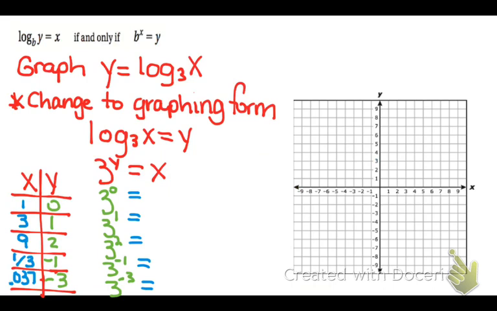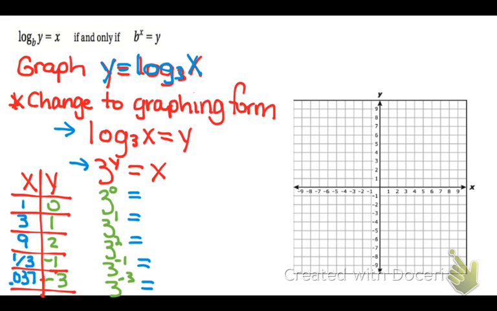All right, so you might be given something like this. Y equals log base 3 of x. Then we're going to have to change it to graphing form. So first of all, I just rewrote it and put the y on the right-hand side. And then I wrote it using exponents.